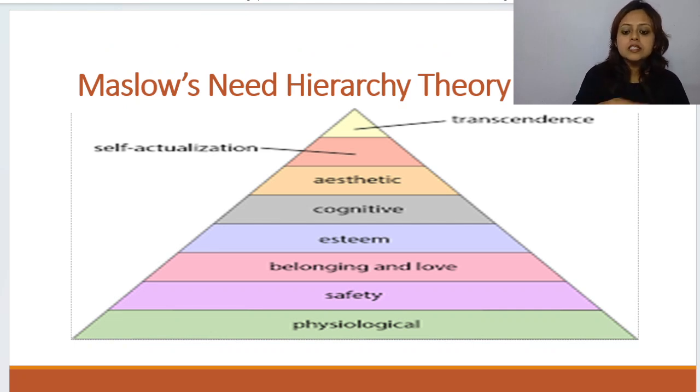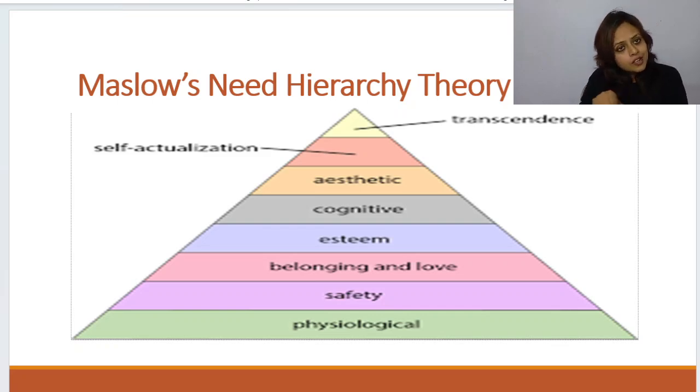Now, how were these needs arranged? Again, Maslow arranged these needs in a hierarchical order through which he wanted to state that until and unless an individual is going through the physiological, safety, belongingness and love, and esteem needs, a person won't move to the cognitive need, then to the aesthetic need, then to self-actualization, and lastly to the transcendence need.